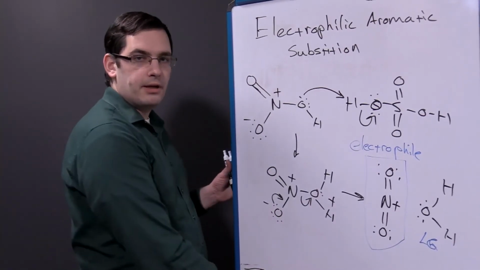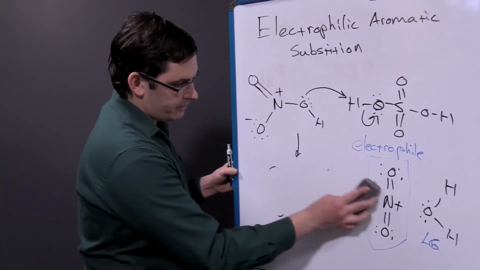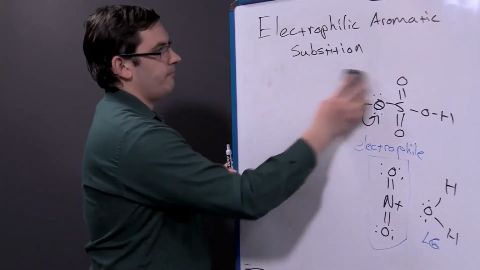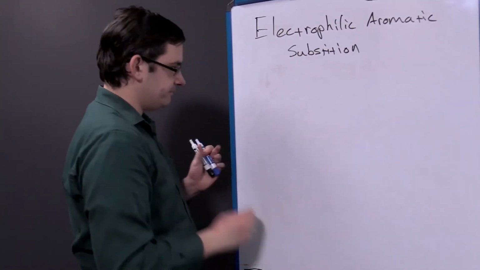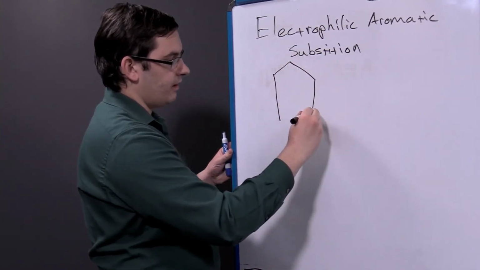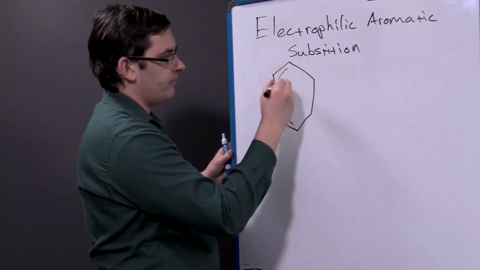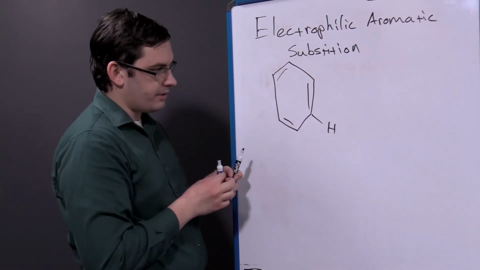Once we've formed our electrophile, we can now proceed with our electrophilic aromatic substitution. So we take our benzene ring now. We're going to have a single hydrogen, which will be substituted in our reaction.